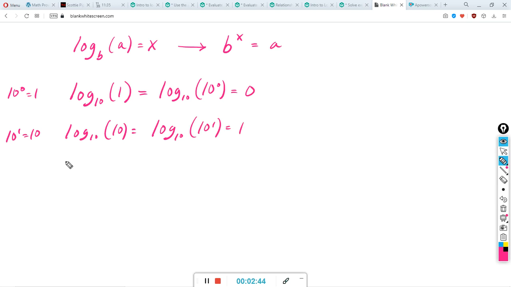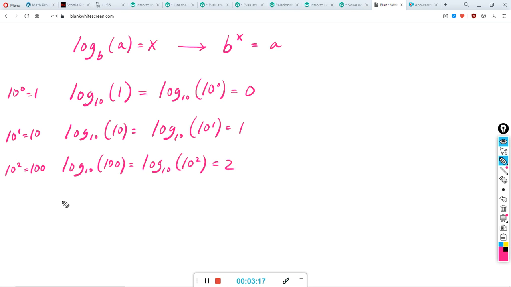Then I'm going to multiply by 10 again. We know that 10 squared is 100. So in place of 100, I'm going to substitute 10 squared, and we can see the exponent here is 2.